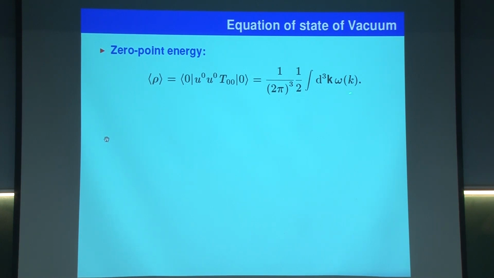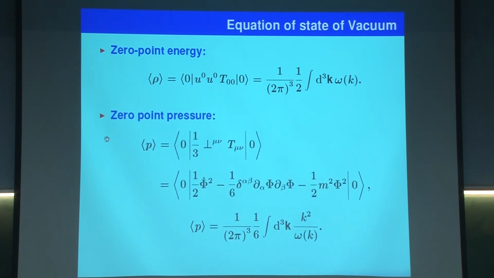You want to compute this 0 point energy, which is d3k times omega k, and you also want to compute the 0 point pressure. The pressure is taken as a projector, delta mu nu minus u mu u nu. You just dot it with u mu u nu T mu nu. This is the projector into the transverse space, and 1/3 of that gives the pressure. So you again compute it, and that is going to be this quantity.